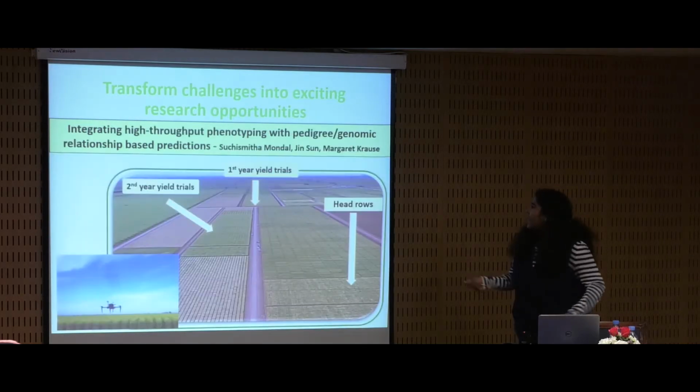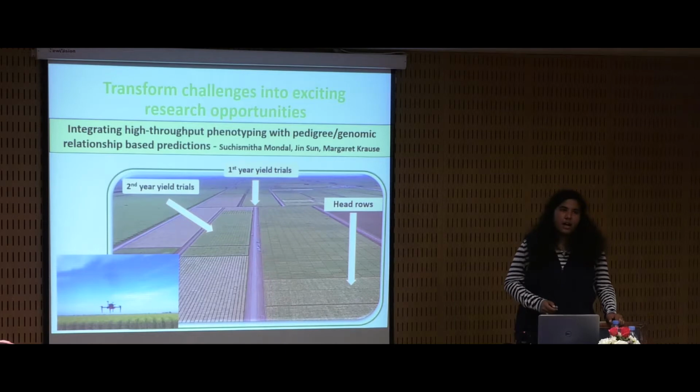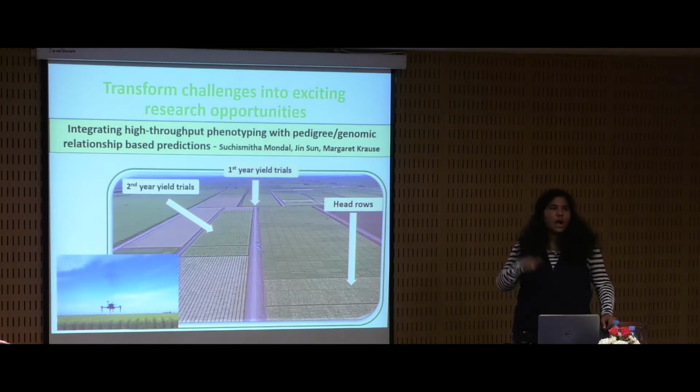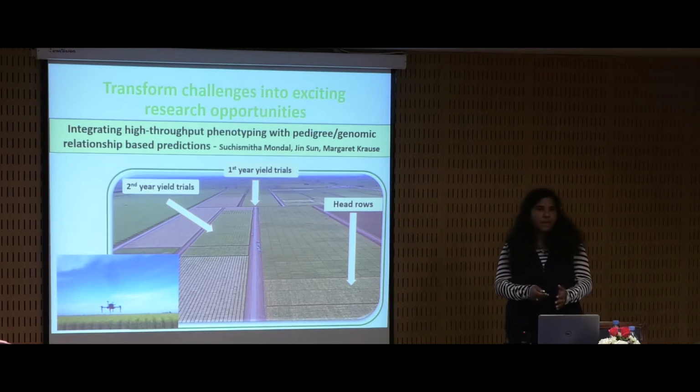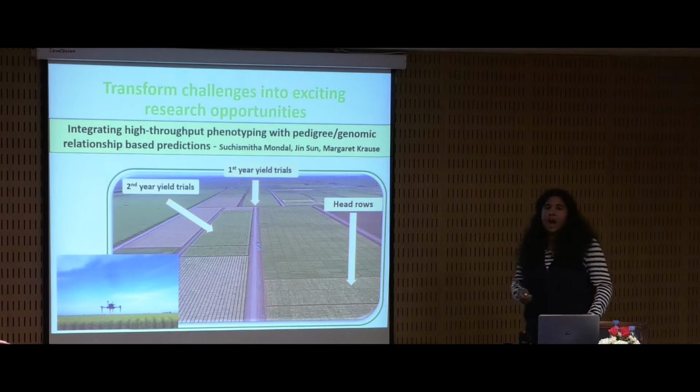So we have about 70,000 lines that go into our small plots, the pre-yield testing stage. And we have high throughput phenotyping data on all these lines. As I mentioned previously, one of our objectives at this stage was to incorporate high throughput phenotyping with predictions and see how well you can predict the grain yield. This is all done by Suchi Smita, who is our physiologist in the breeding team.